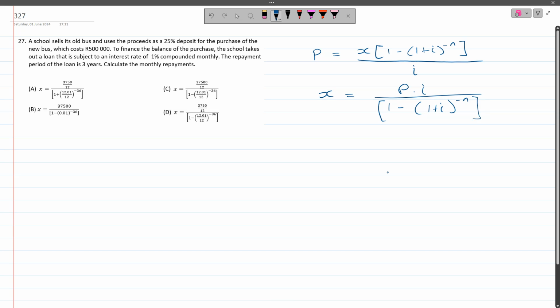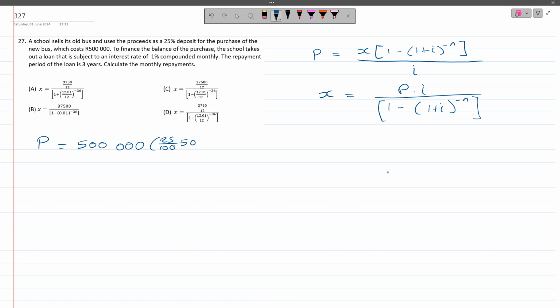So here we need to solve for x. We need P, the present value, or the amount requested from the bank. We need i and we need n. Starting off with P, the principal amount is basically how much they're asking from the bank, which amounts to the amount they need in order to get the new bus.